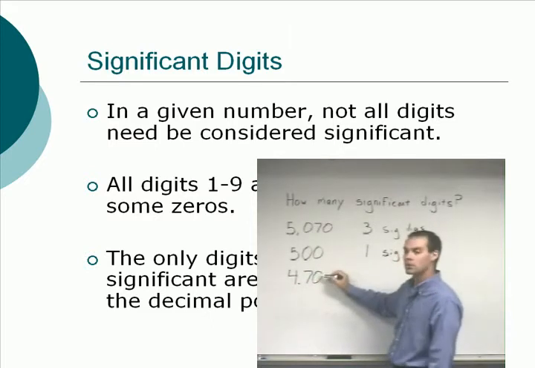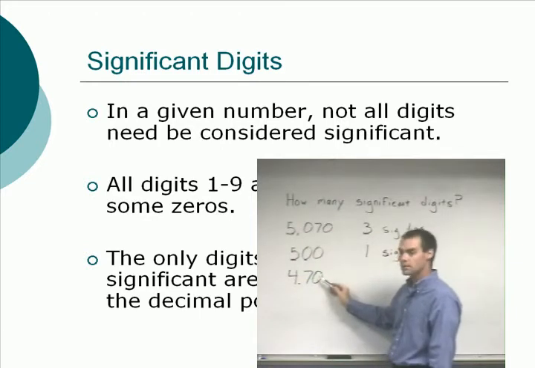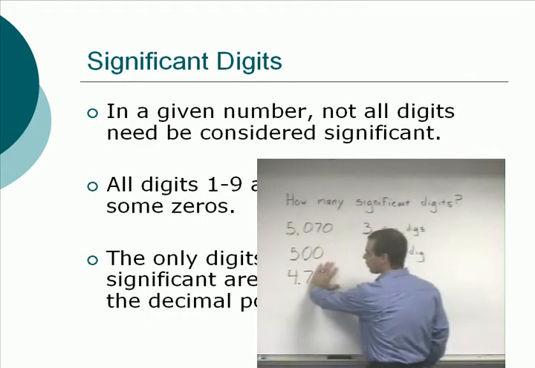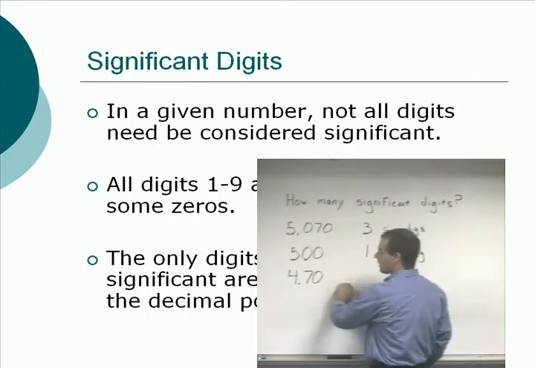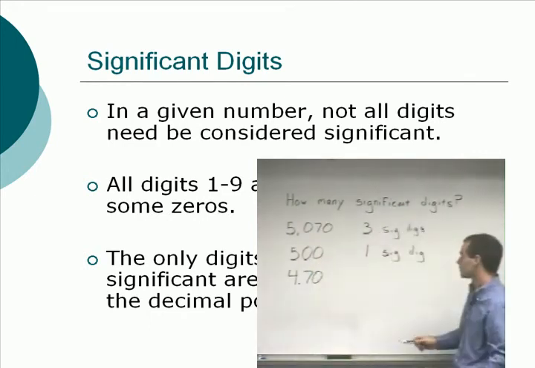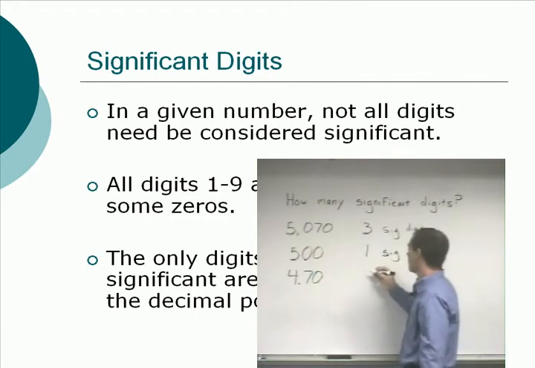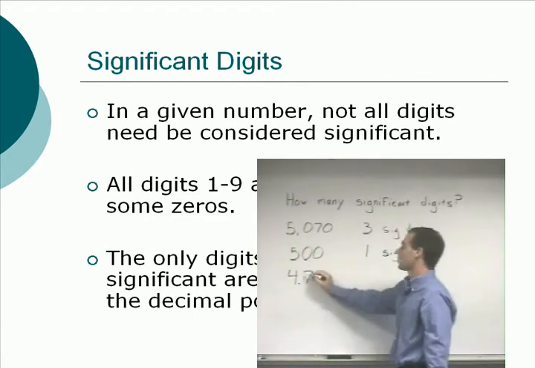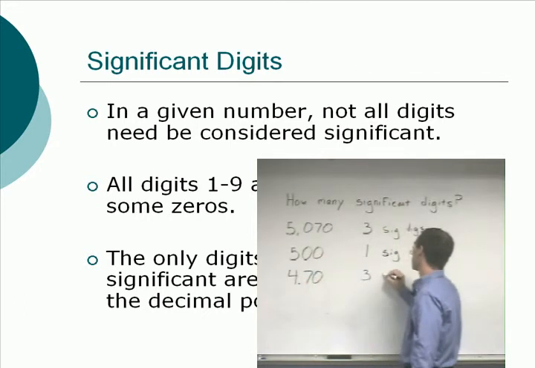Or is this 0 only used to locate the decimal point? Well, it's doing more than locating the decimal point. In fact, it's not locating the decimal point at all. That 0 plays no role in where the decimal point is. Therefore, it is significant. Since this 0 is significant, along with the 4 and the 7, this number has 3 sigdigs.